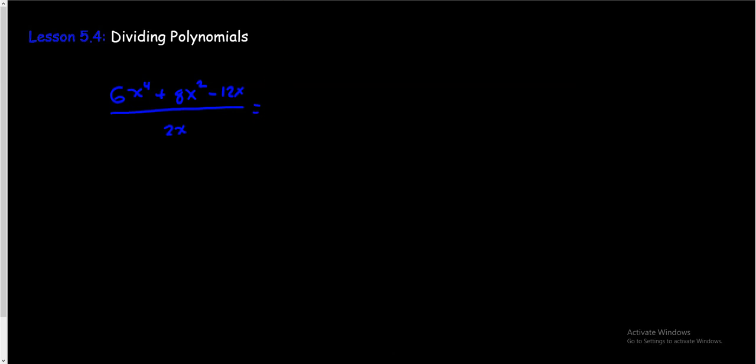So how this works is this is kind of like distributing. When I have a whole bunch happening up here with plus signs and minus signs, and I have a single term. Now this only works if there's a single term down here. If you have any pluses or minuses down here, I cannot do this in the same manner. But with a single term down here, I can divide each term. So I'm going to take the time to write this out, but usually I will not write this out.